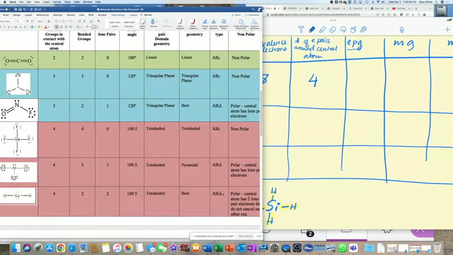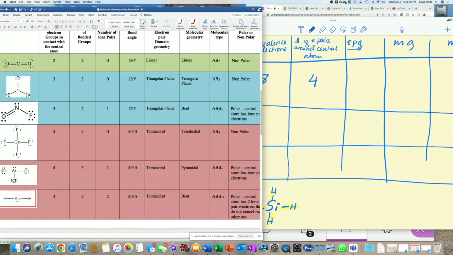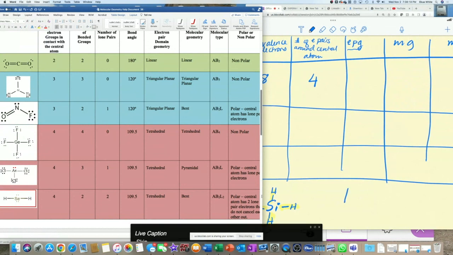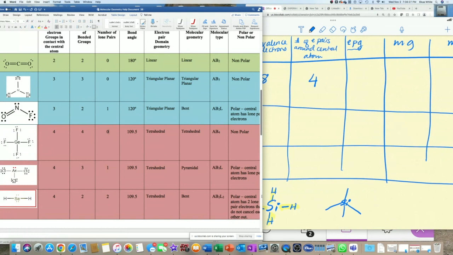So what else do we need? Electron pair geometry. The electron pair geometry will be tetrahedral because all four groups are bonded groups, and they will form this shape around the central atom. Based on the VSEPR theory, the VSEPR theory tells us how the valence shell electron pairs actually repel each other to form the geometric figures.